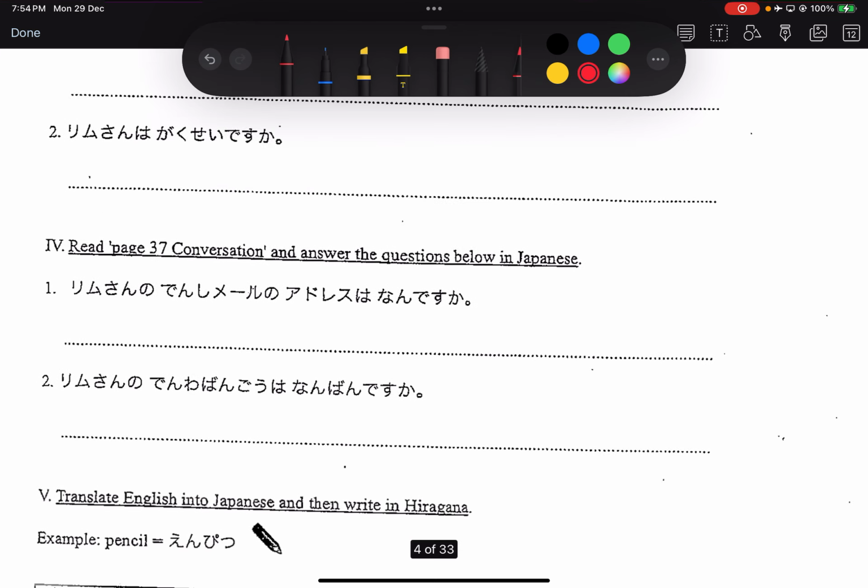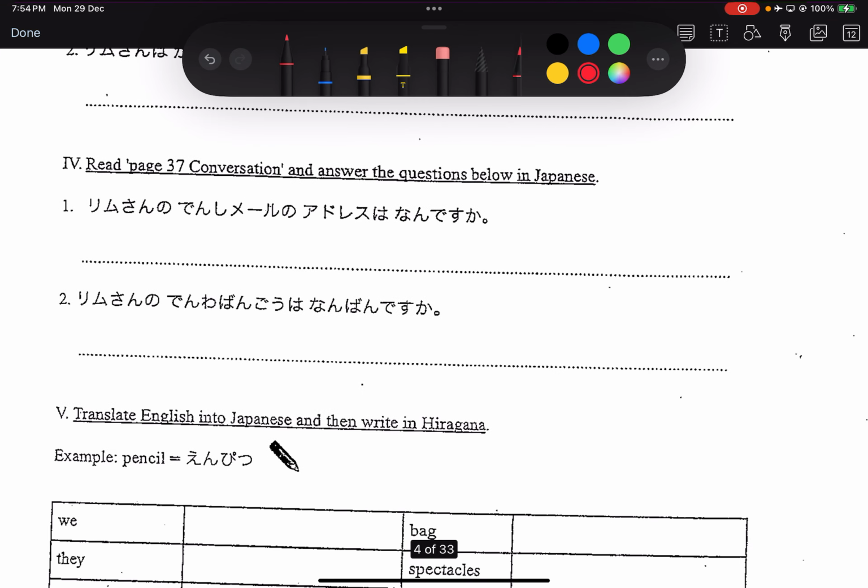Okay. Lesson 2 conversation. Lim-san no denshi mail no address wa nan desu ka? Very good. How do you know? From the passage, literally just there, the email address. Denshi mail is referring to email address. Okay, Lim-san no denwa bango wa nan desu ka? Can you repeat the question again?